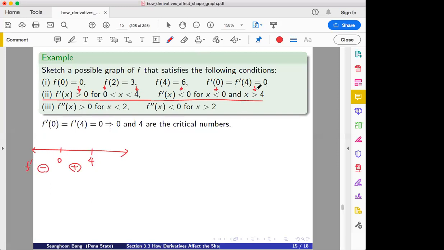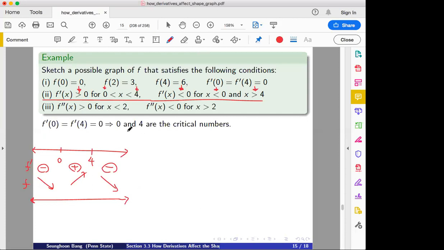For x greater than 4, the first derivative is negative. So the graph of f is decreasing, increasing, and decreasing. This is the idea. Next, we can think about the second derivative.